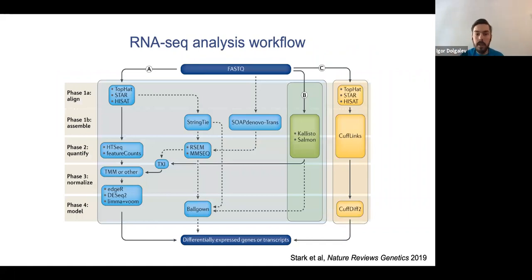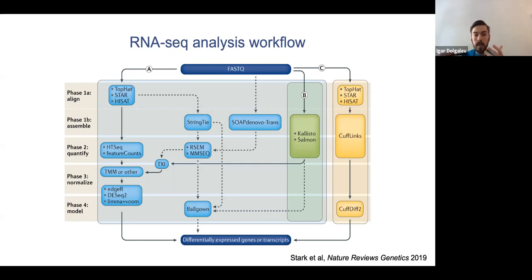So once you have your reads, what happens then? This is the RNA-seq analysis workflow, where as usual you start with your FASTQs, or your raw reads. And then there are basically 4 phases that are common to the workflow. In the first phase, you align to your genome and transcriptome with tools like TopHat or STAR or HISAT.